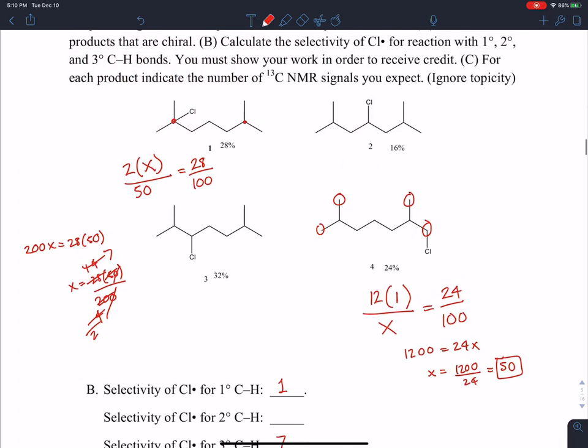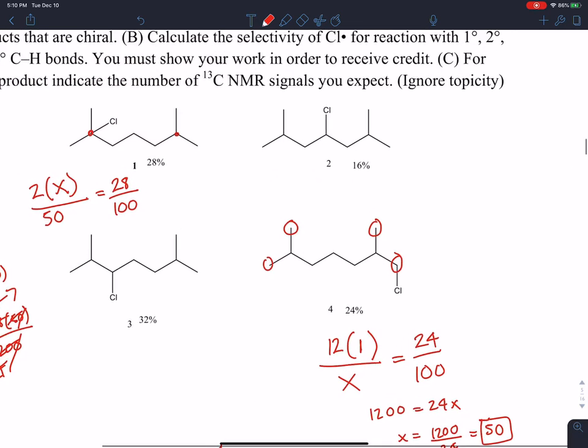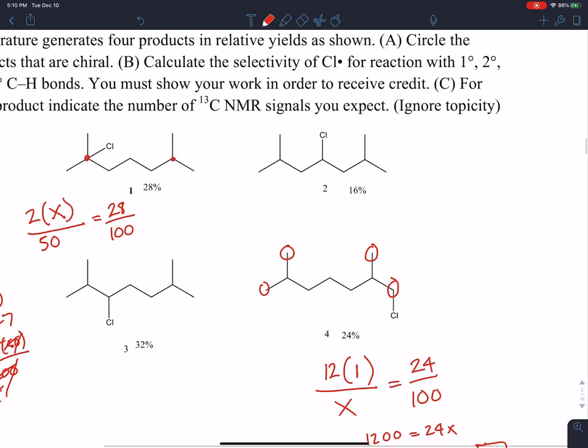And then the last one we have is secondary. Again, you do the same thing. For this specific secondary spot, there's 2 H's that could have been replaced. I don't know the ratio for it, but I do know that the total is 50. All that's giving me is 16 divided by 100.